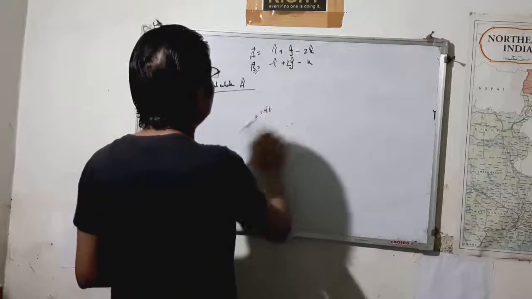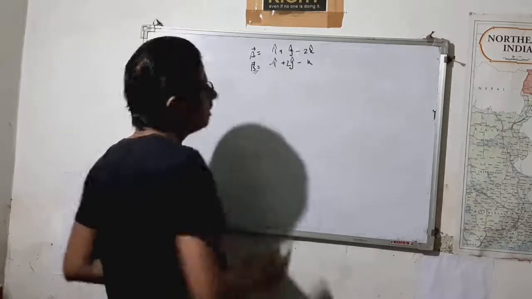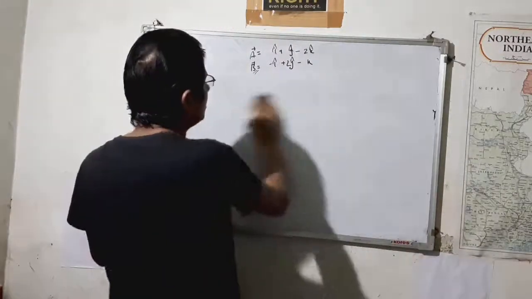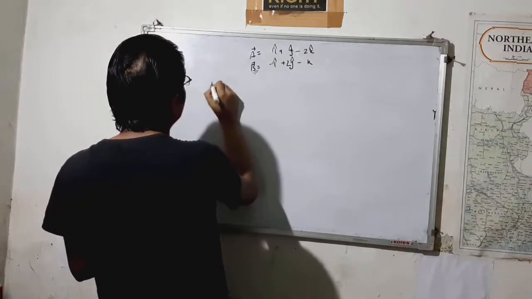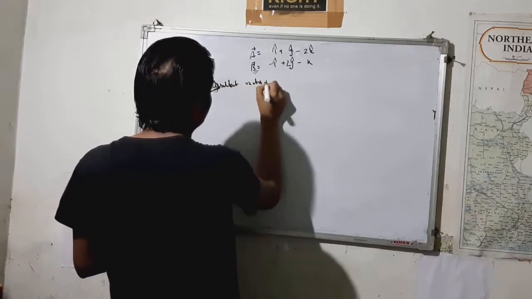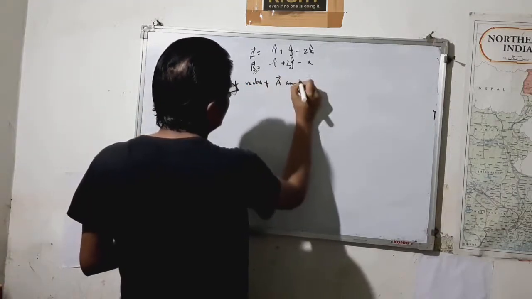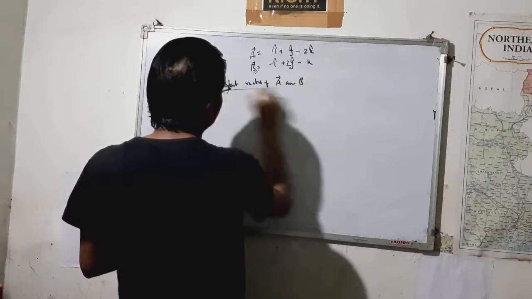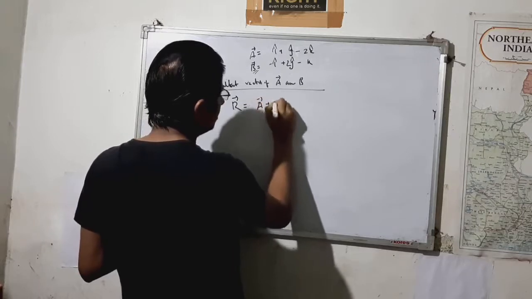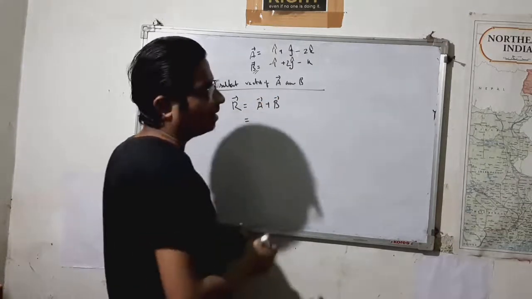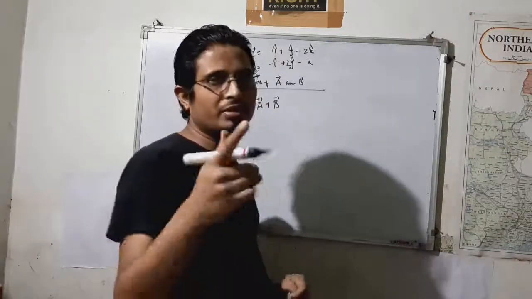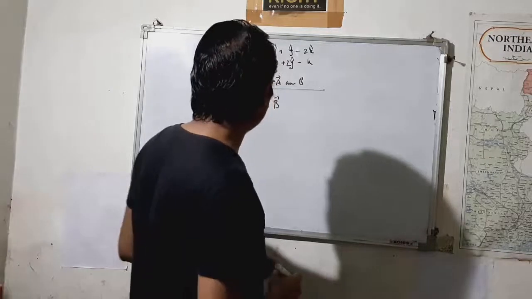Now we will calculate the resultant vector of A and B. So here resultant vector R equals A plus B. We have learned how we can add two vectors by their components; please watch my previous video where I have explained all these things.